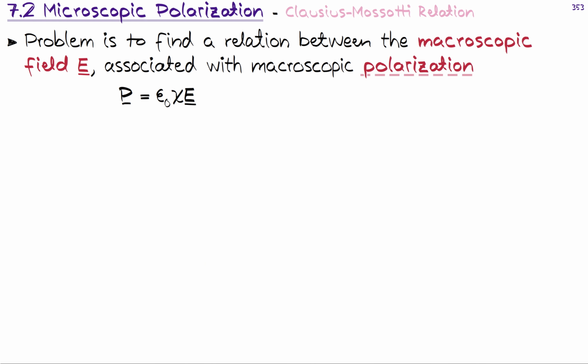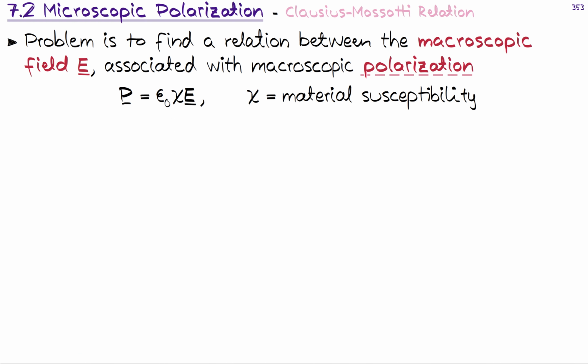So we are speaking of the macroscopic fields and not the fields felt by nanoscale objects, for example the molecules or atoms that make up the macroscopic solid. Please note the difference between the macroscopic field and the microscopic field, and the macroscopic material polarization and the microscopic dipole moment p.